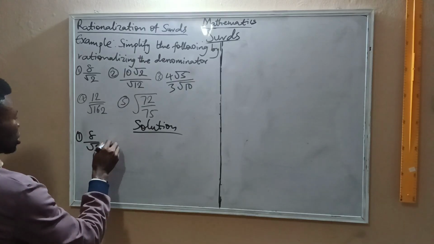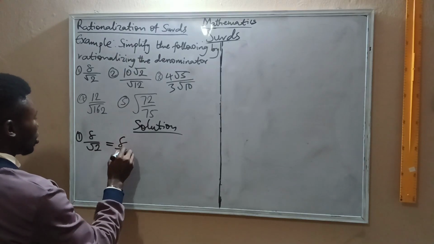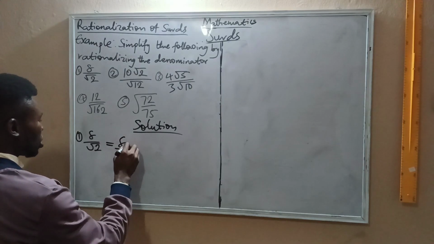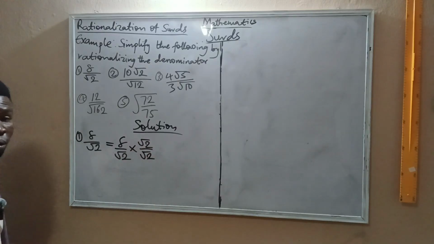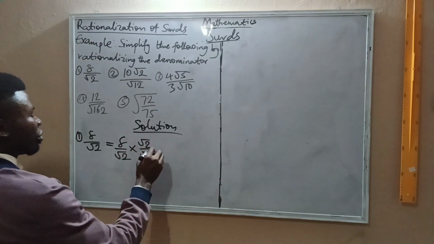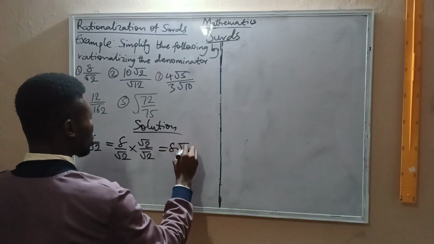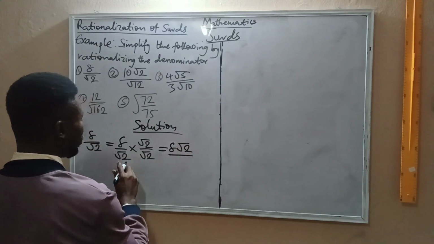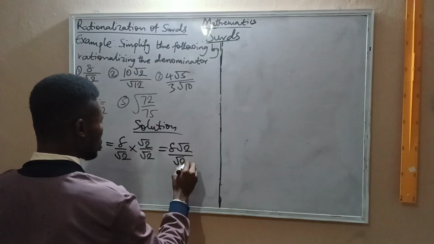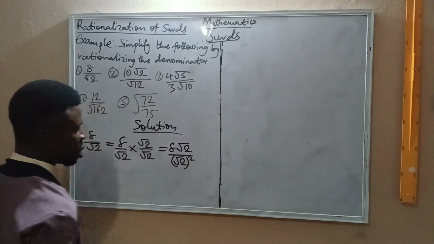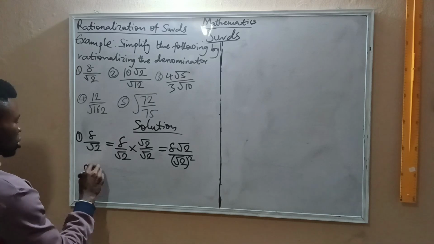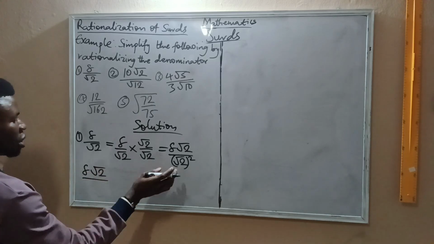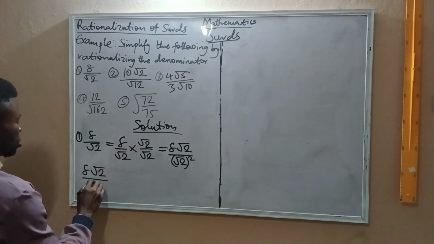That is, this will be equal to 8 over surd 2 multiplied by surd 2 over surd 2. And this will give us 8 surd 2 all over surd 2 squared. And that will be 8 surd 2 all over surd 2 squared is 2.